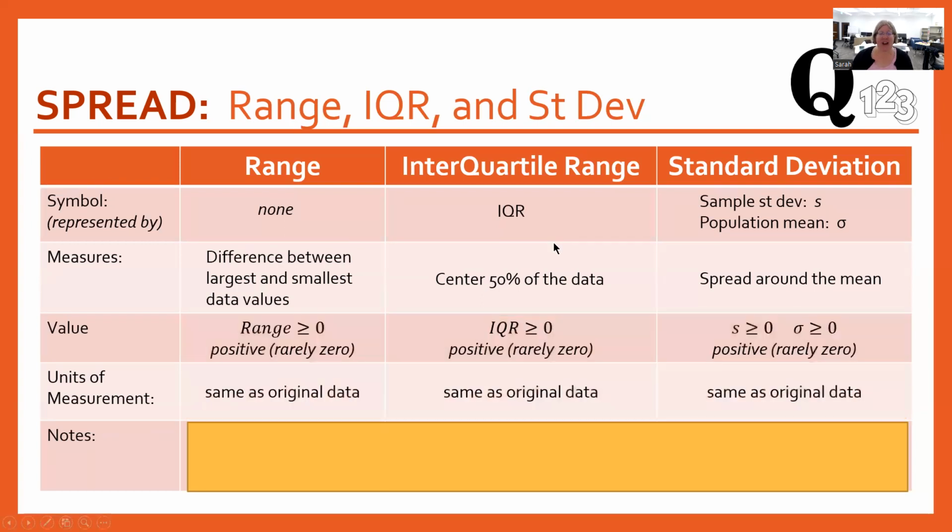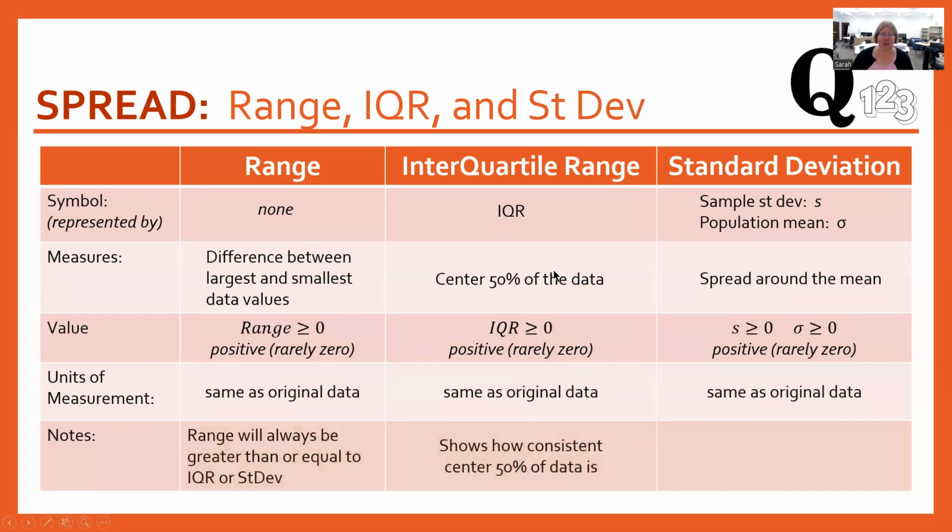All right, the values for all of these have to be greater than or equal to 0. So they're all positive. They could be 0, but that's pretty rare. And then the units of measurement are going to stay the same as well. So it's going to be whatever the original data is in. So again, if we're doing heights of people in inches, then the range, the IQR, and the standard deviation are also all going to be in inches.